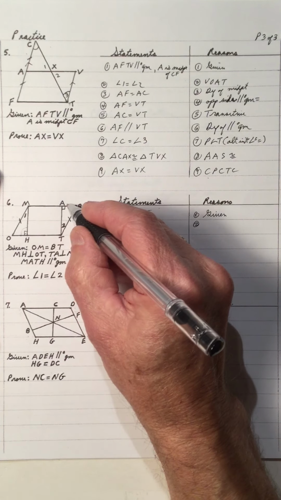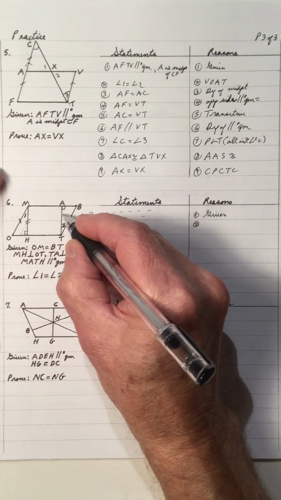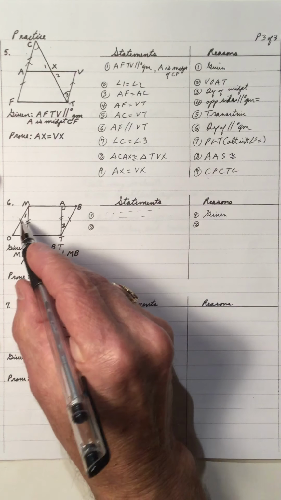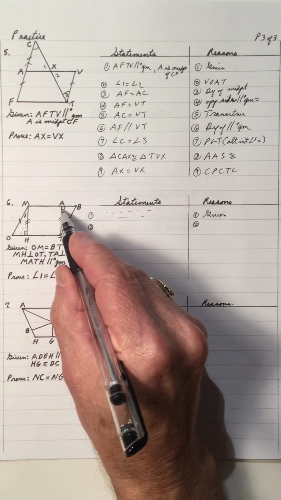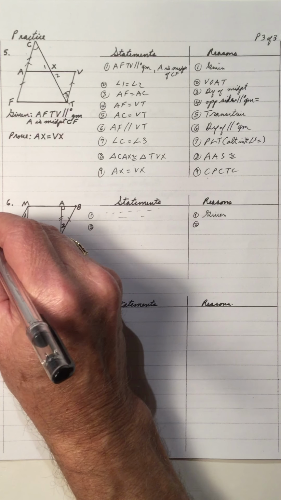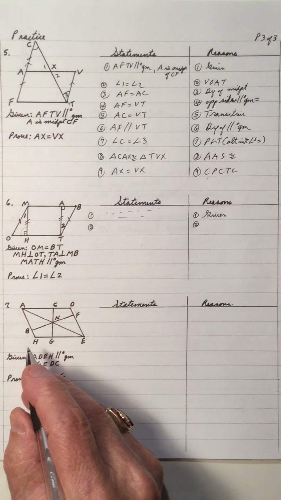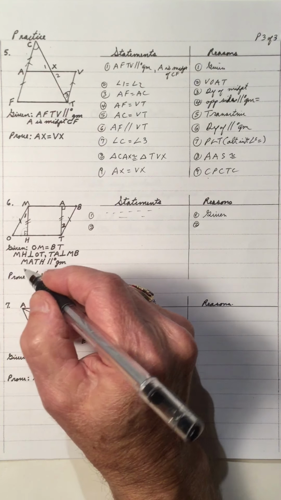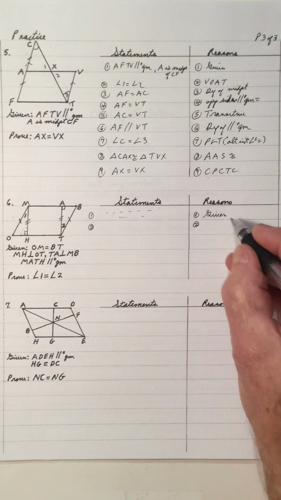And I got MH, opposite sides. So I have MH equals TA. So I got two sides and an angle. But notice if I say this angle at H and this angle at A equal, I have an ASS. Remember, an ASS incongruency is a no-no. So, if I say these are equal, then this proof can't be done. So I have to go about another way.